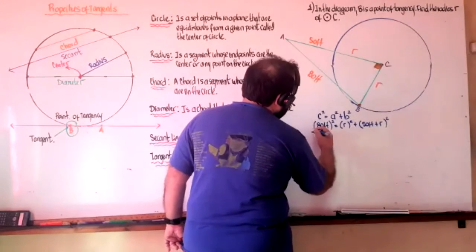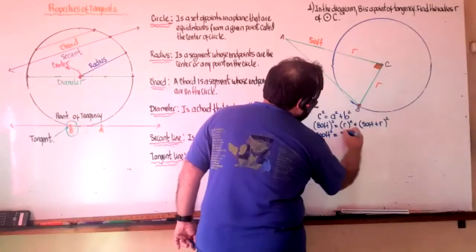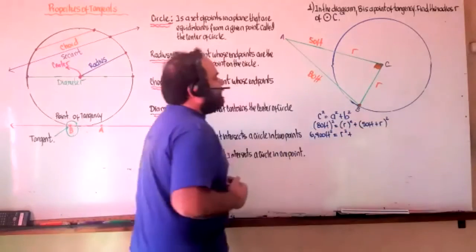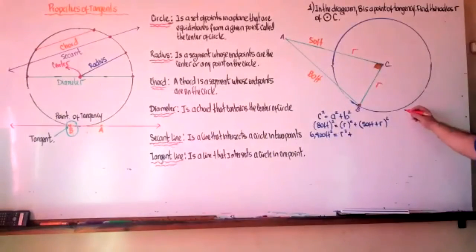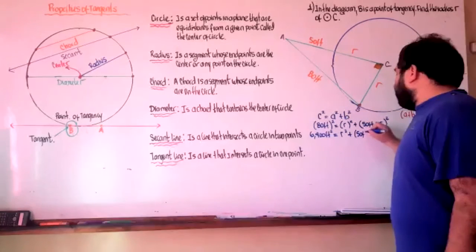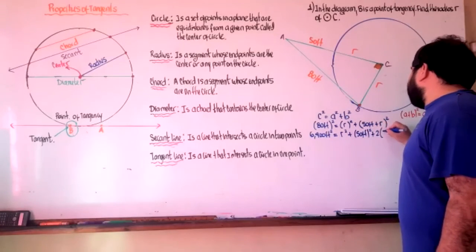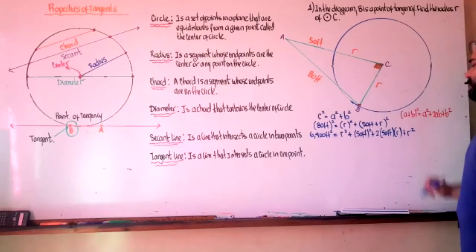80 second power will be 6,400 square feet equals R squared plus (50 plus R) squared. How to solve that expression? Remember the special product: if we have (A plus B) second power, that equals A squared plus twice AB plus B second power. So we have 50 feet second power plus twice 50 feet times R plus R squared.